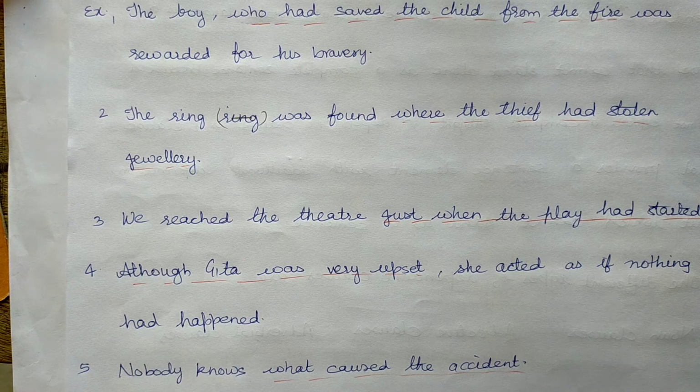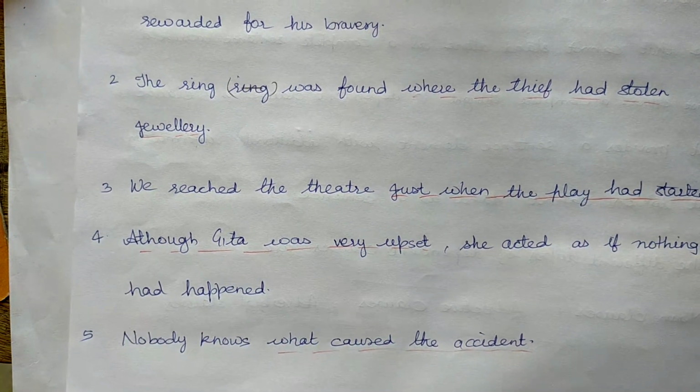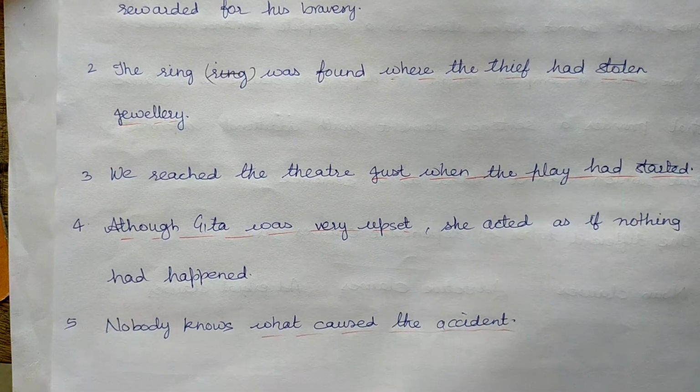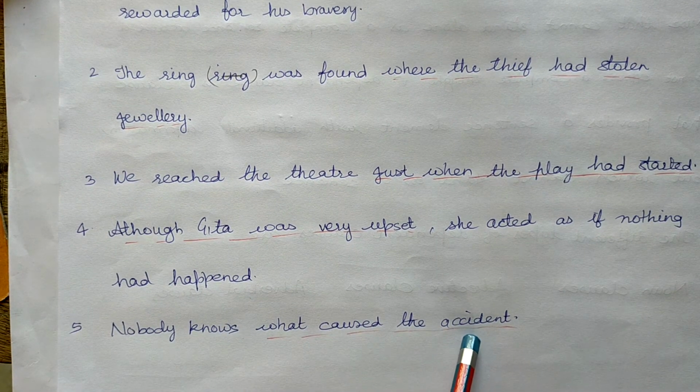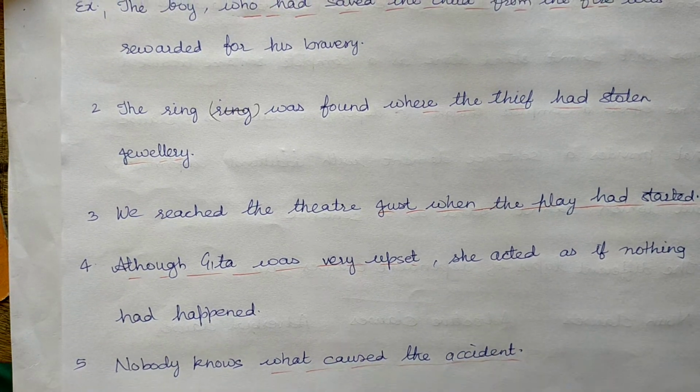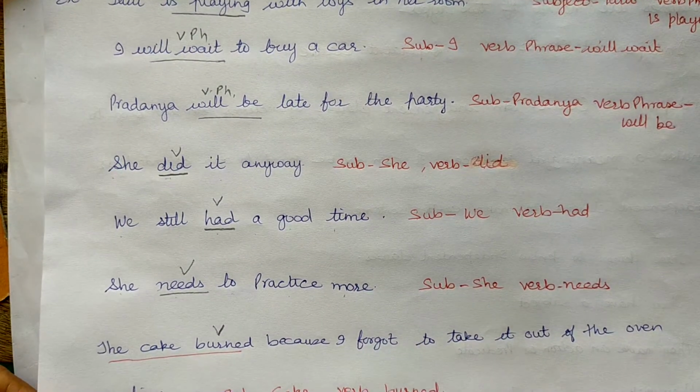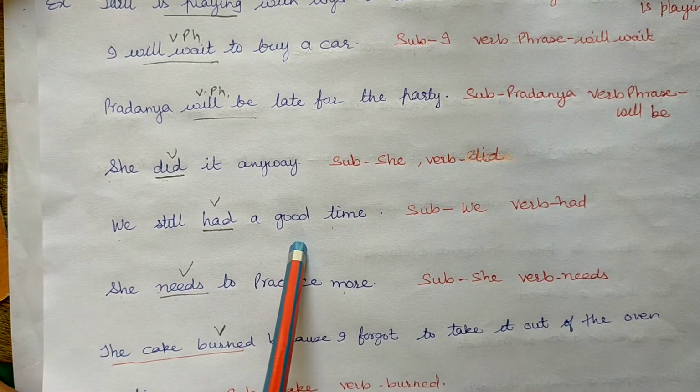Next, nobody knows what caused the accident. Nobody knows is the complete sense or independent, and what caused the accident is dependent. So, here are some examples of dependent clauses, and these are the examples of independent clauses.